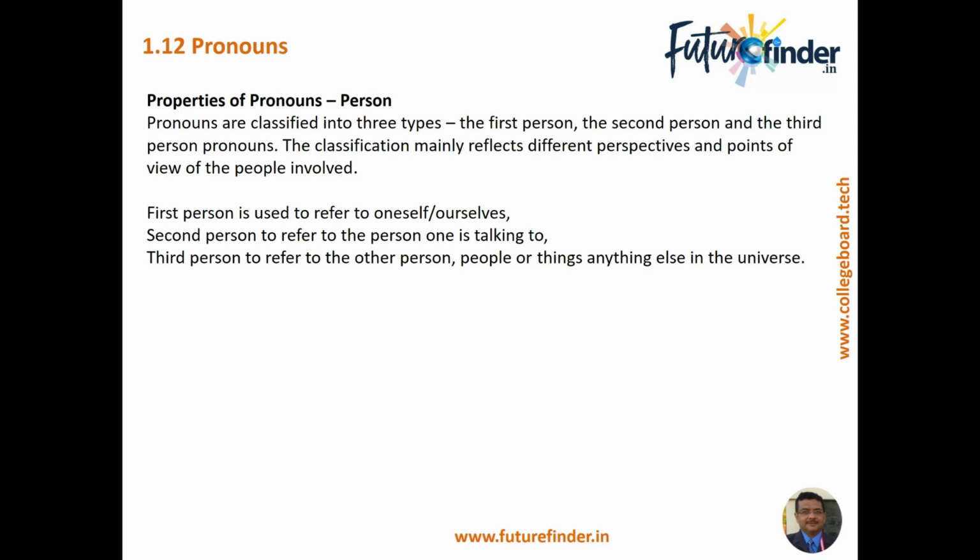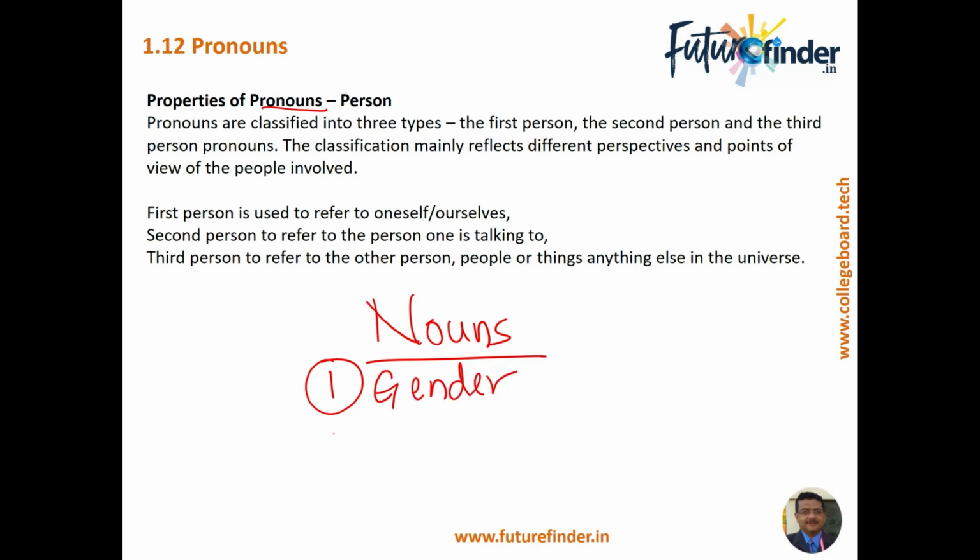Now, very important, this portion, which is the properties of the pronouns. Obviously, all the pronouns have got properties of nouns. We have already discussed that nouns have got three basic properties. One property of the noun is the gender, so every pronoun must possess a gender. Nouns have got a number, so every pronoun must possess a number.